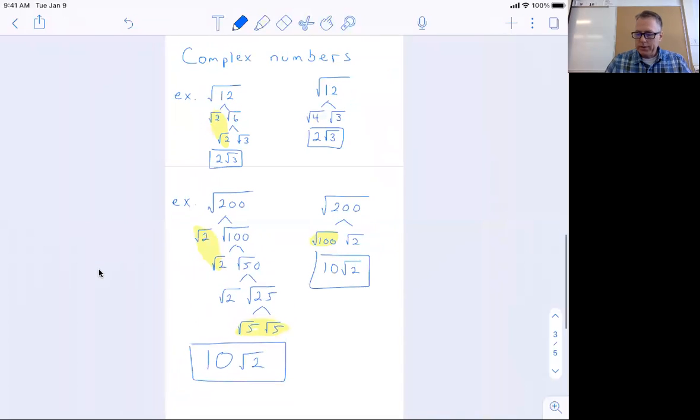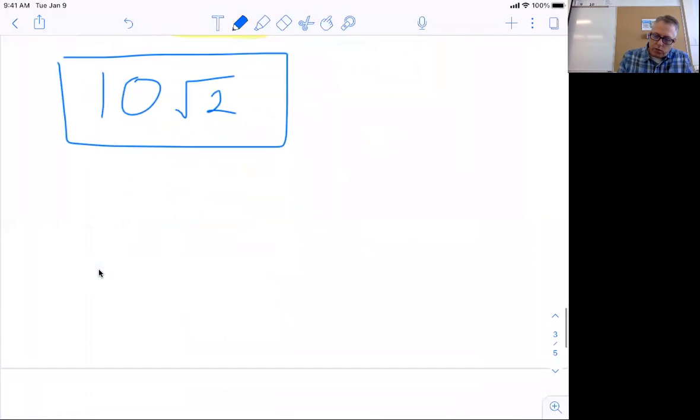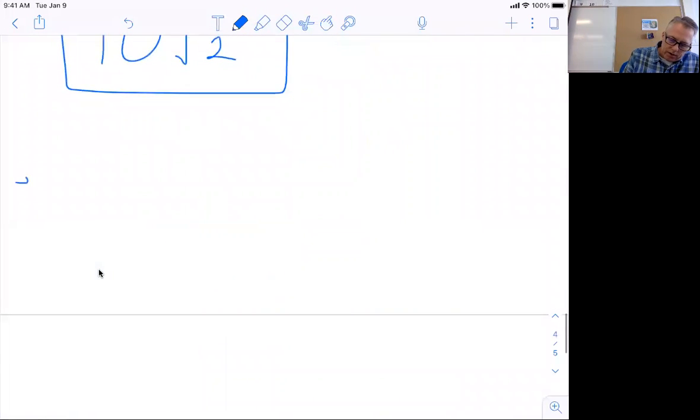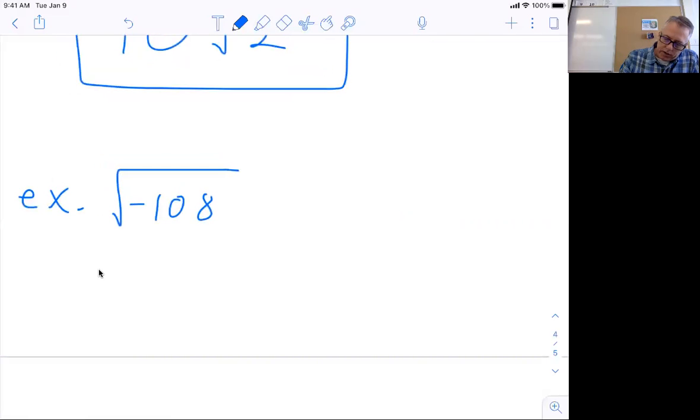All right, well, how does this tie into complex numbers? Well, if we wanted to simplify another radical, let's say we had the square root of negative 108. Well, now we have a negative. And way back when we had the square root of a negative, you guys were told, well, you can't do that. Well, you can.